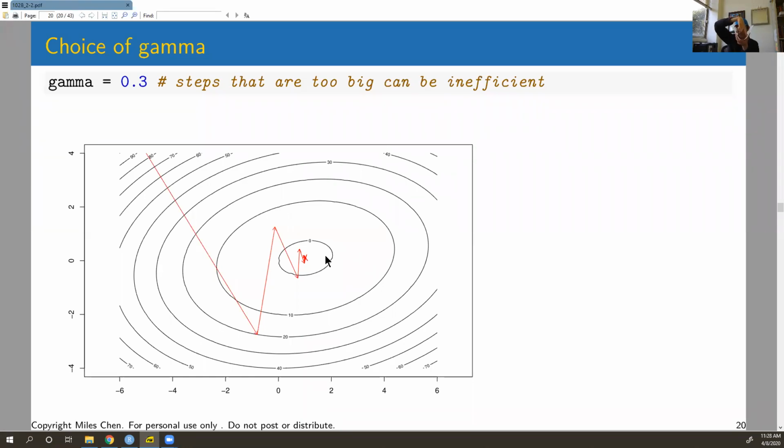Then I take a step, and I end up back on this side of the valley. So I get this zigzag pattern. But at least I'm heading in the correct direction here.